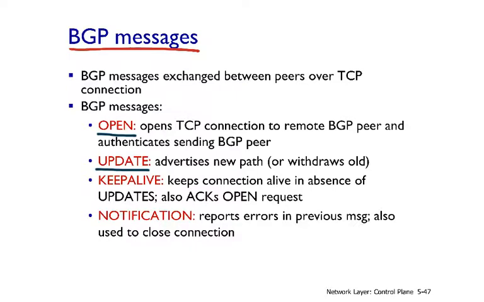I want to reach destination X, and this is the AS path, this is the next hop, this is the normal message. Another different message is keep alive. Keep alive is used to say, okay, I'm alive, there are no updates, but I'm continuously working, so you have to take me into account. And a fourth message is notification, to report errors in previous messages.